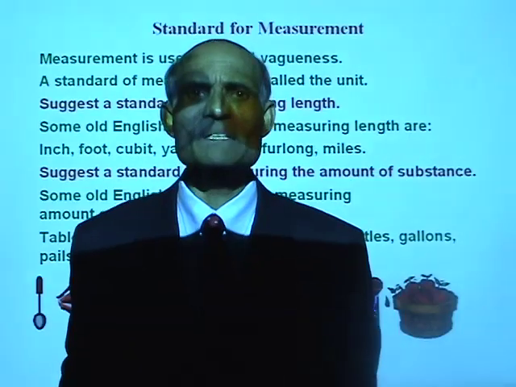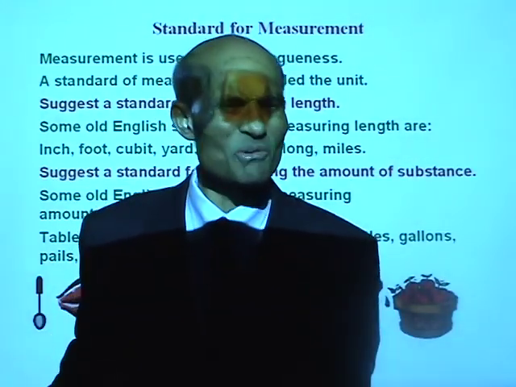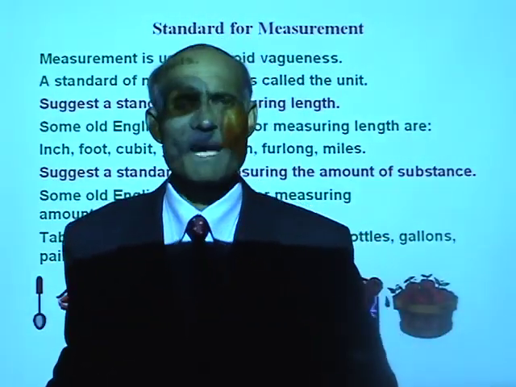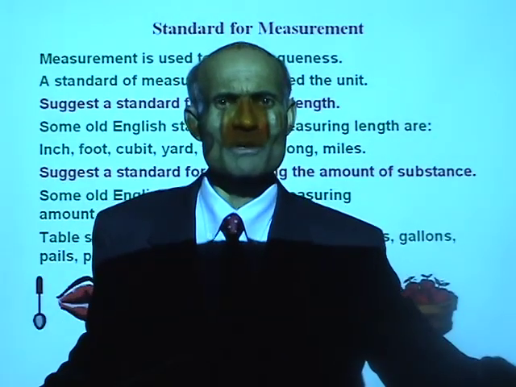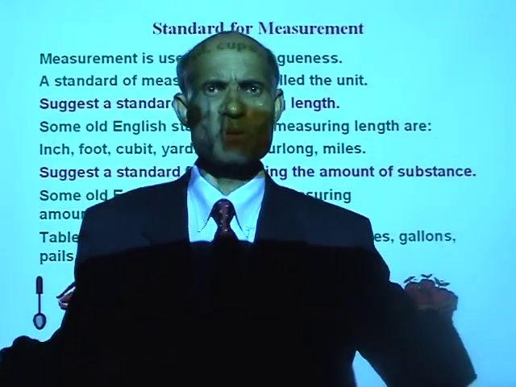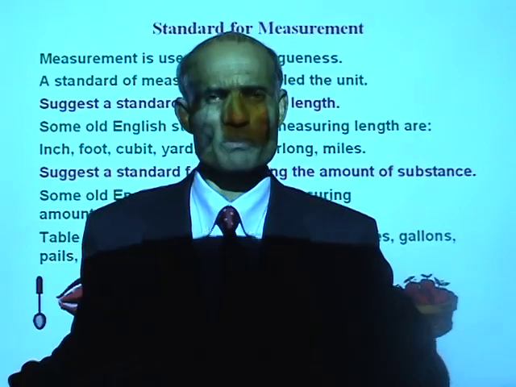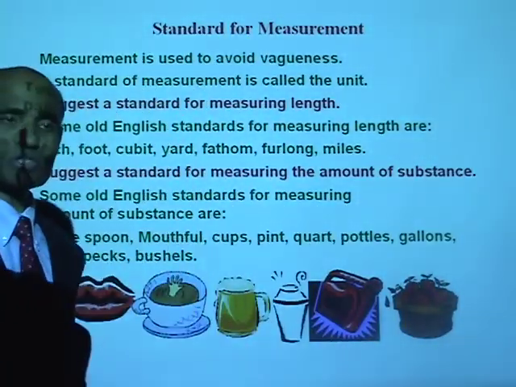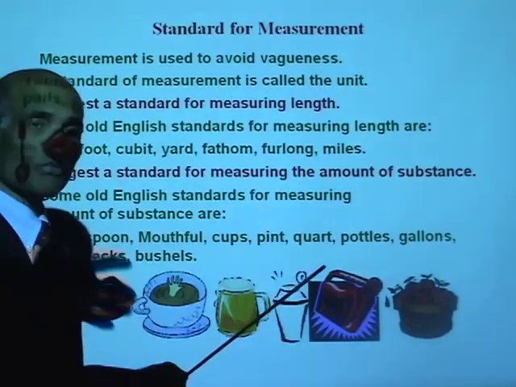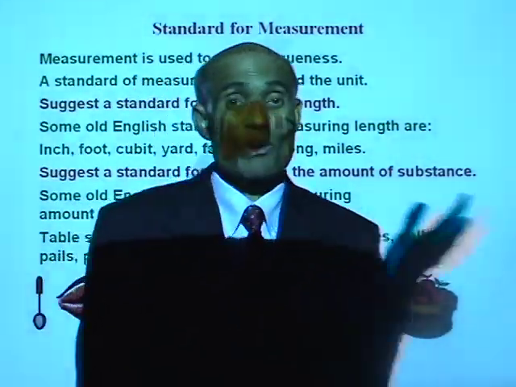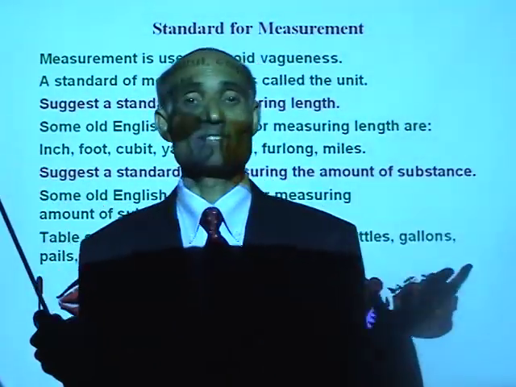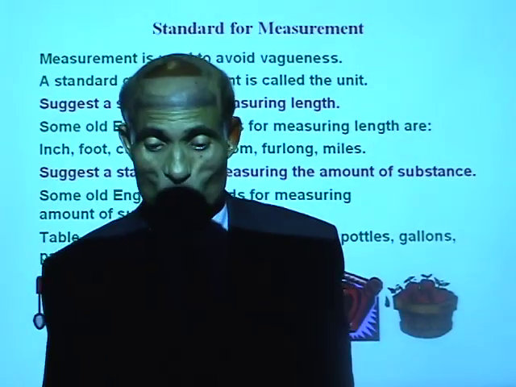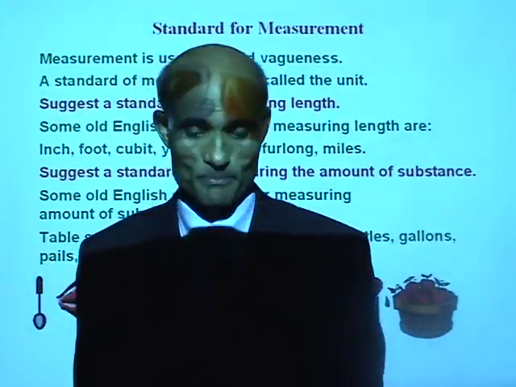Peter Piper picked a peck of pickled pepper. If Peter Piper picked a peck of pickled pepper, where's the peck of pickled pepper Peter Piper picked? All of those are using those kinds of units. Now, they were all very interesting, but for us, they don't make much sense anymore.